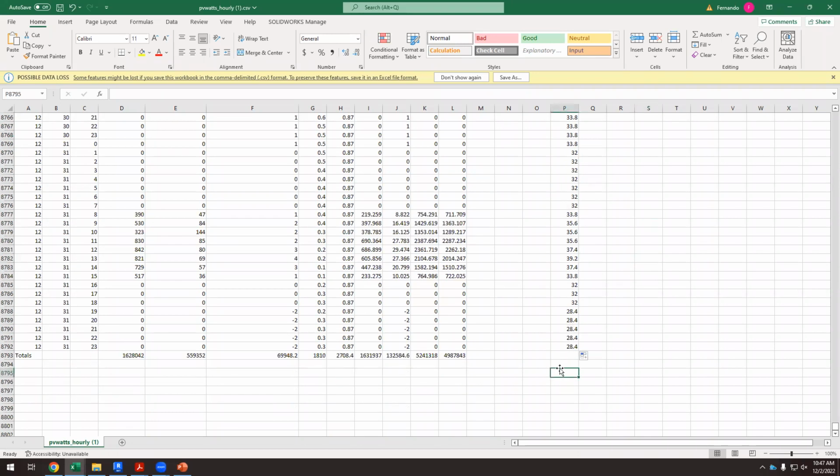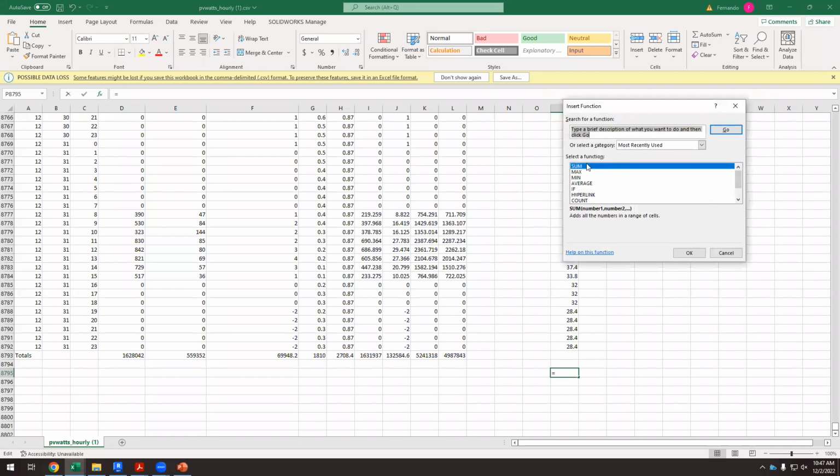Now I want to select the coldest temperature for winter, the hottest temperature for summer. How can I do that? I can use another function in Excel. If you click here, function, you have maximum and minimum. We have this at the beginning because I have used those functions before.